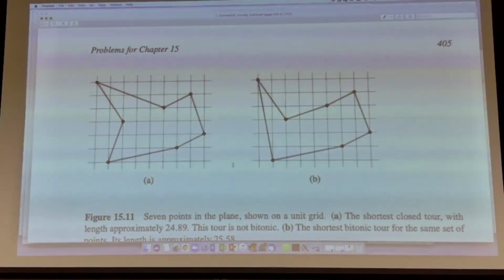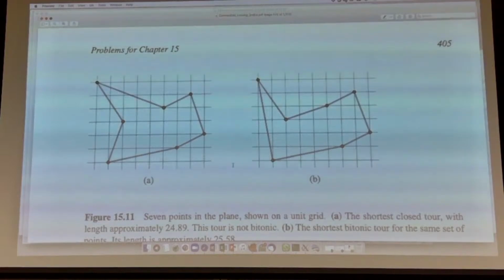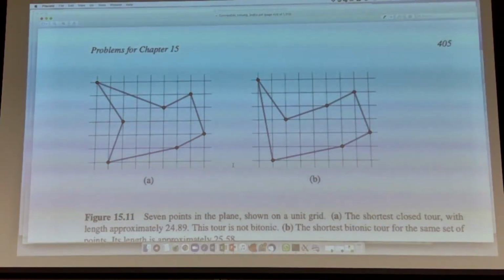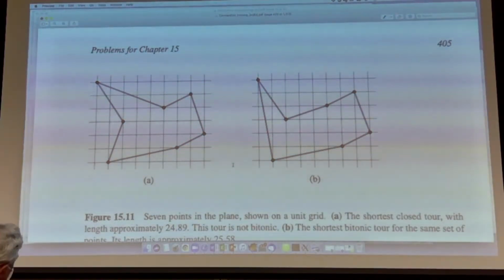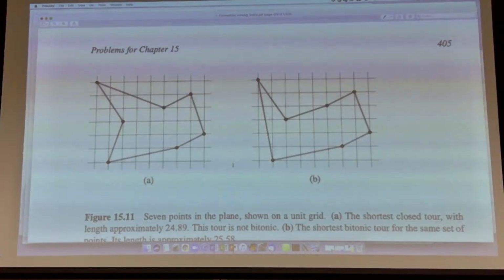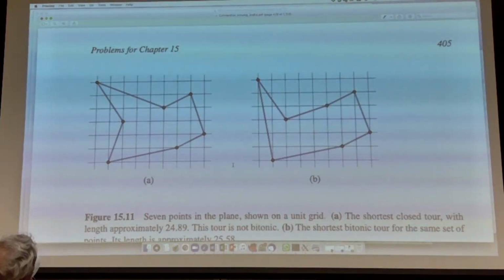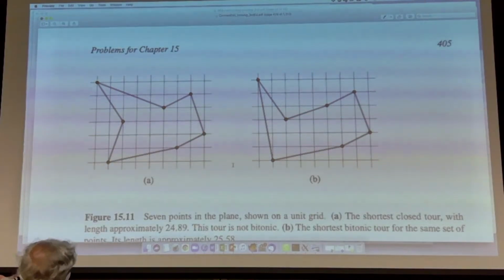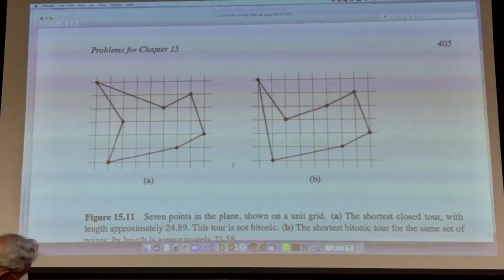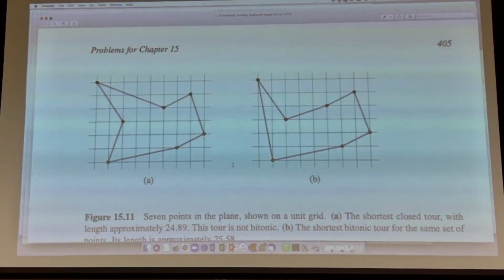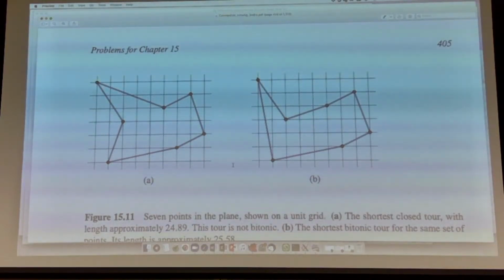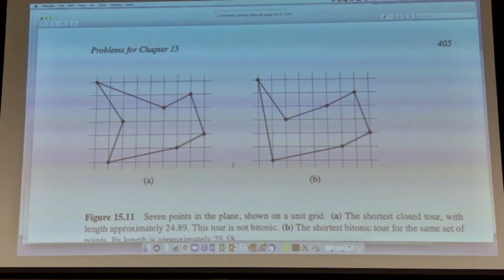By the way, there are many Bitonic tours. For instance, in this particular example, I could go like so, like so. This is a Bitonic tour, but it may not be the best.